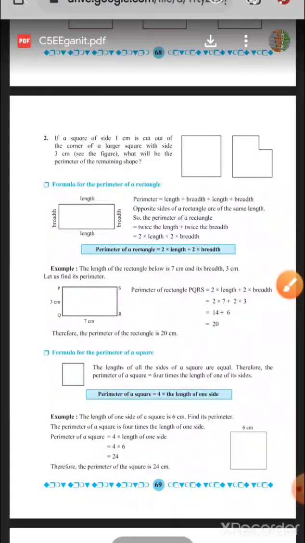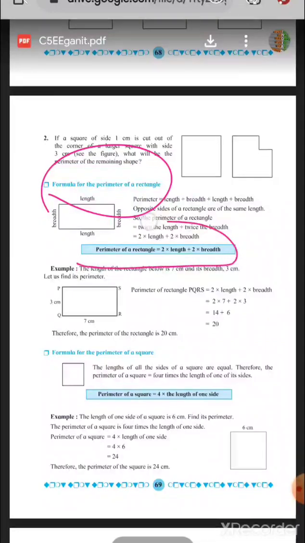Now we will solve how to find perimeter with the help of the formula. In 5th standard, when you find out perimeter, you need to use the formula. So this is the formula for perimeter.